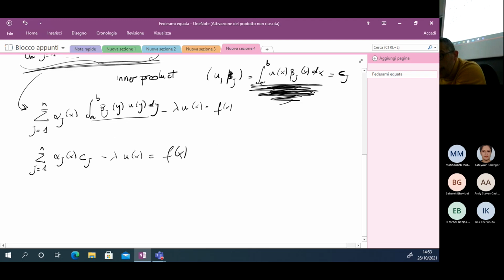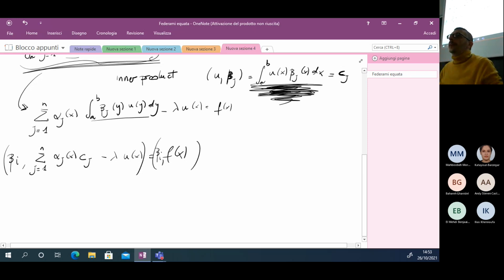Now what I want to do is to take the inner product of the entire expression with the functions beta i.